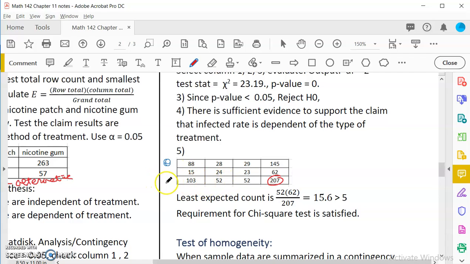This is the total column. This total is 103, this total is 52, this total is 52, this row total is 62. So these two numbers are the smallest, right? So the least expected count is 52 times, is it both 52? And then over the grand total of 207.